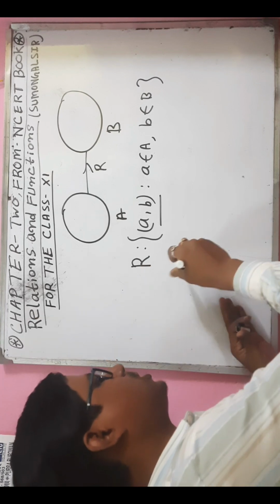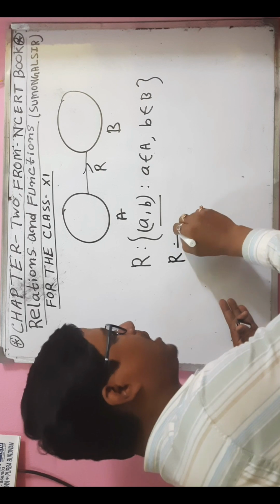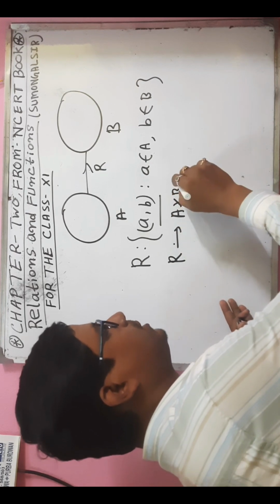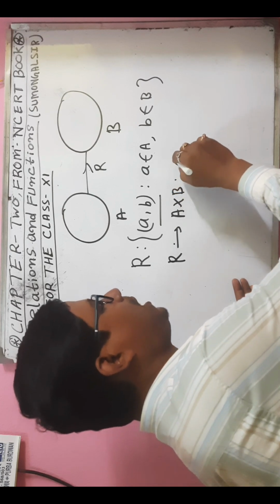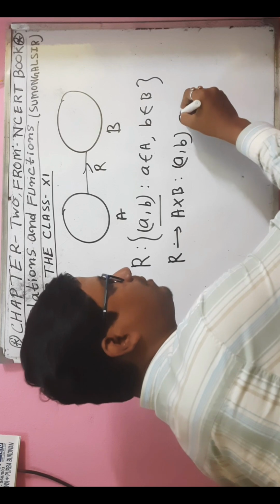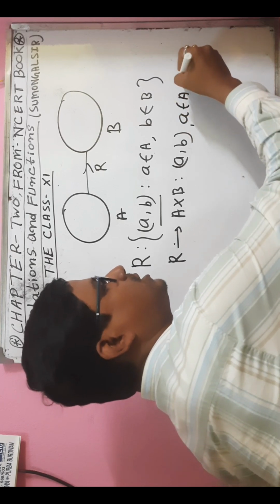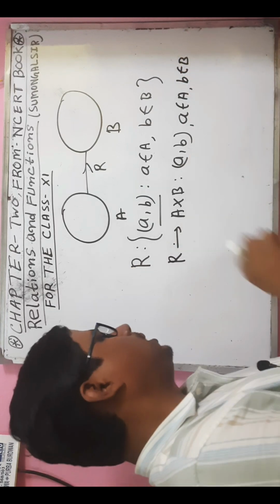You may write this relation R as A cross B, where (a, b) is an ordered pair, and a is coming from this set and small b is coming from this set.